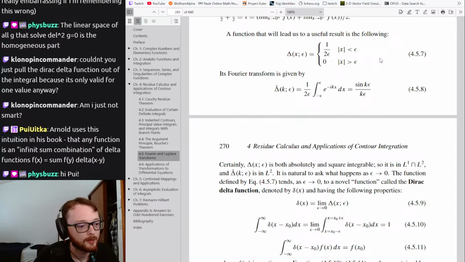Hey Pui, Arnold uses this intuition in his book that any function is an infinite sum combination of delta functions. Oh, that's kind of funny. It's an infinite sum with all real numbers, right? Not just integers.